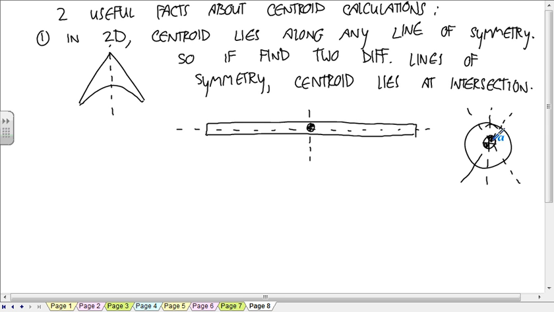Go into your brain for a second and figure out how many planes of symmetry you would need to fully specify a centroid in 3D. Shut your eyes, it helps. Three, that's right. So in 3D, the centroid lies on any plane of symmetry.